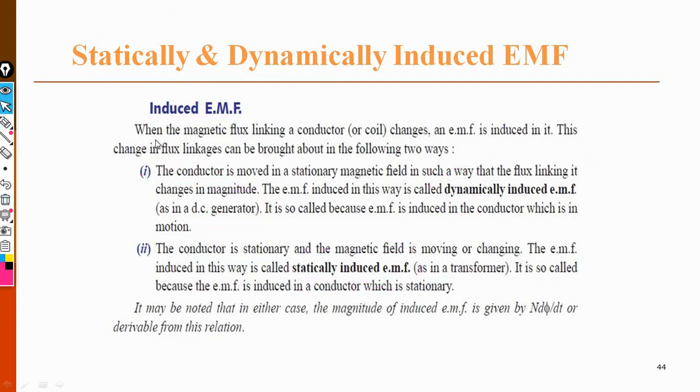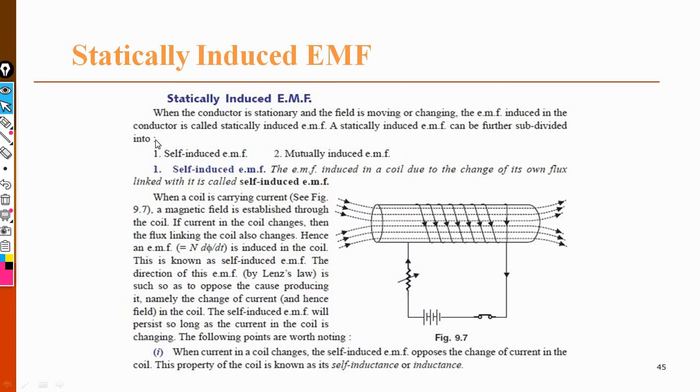Then we need the exact concept of statically induced EMF. This is the diagram of statically induced EMF, which is classified into two types, that is self-induced EMF and mutual induced EMF.